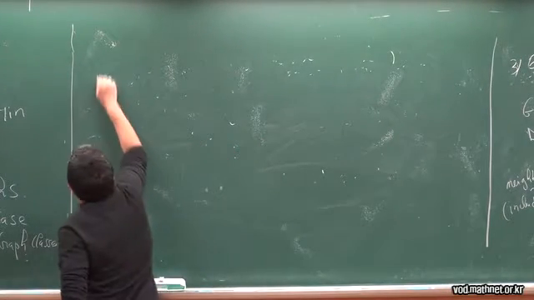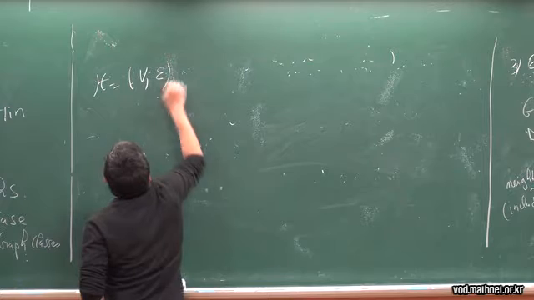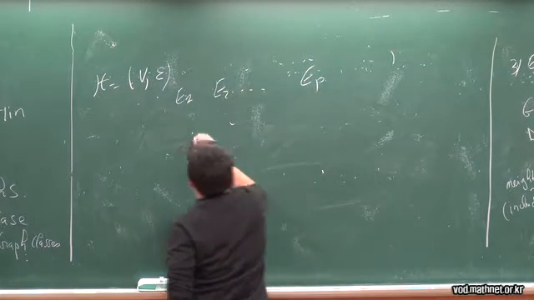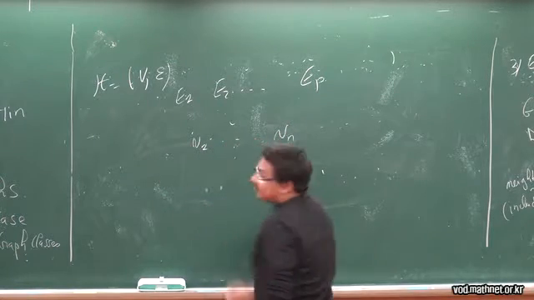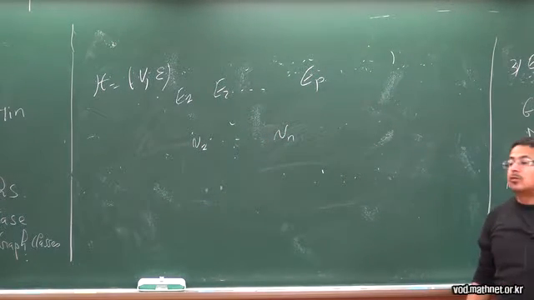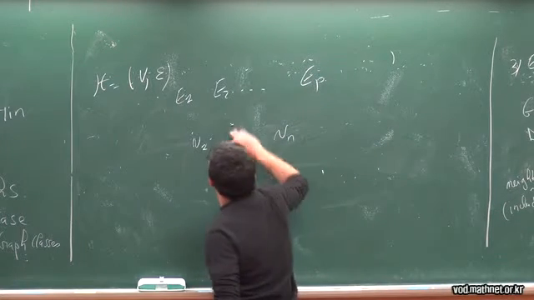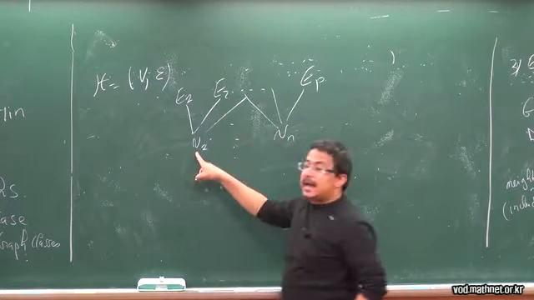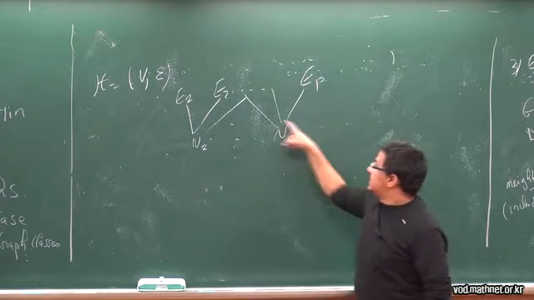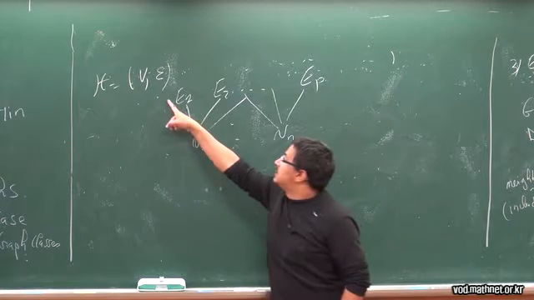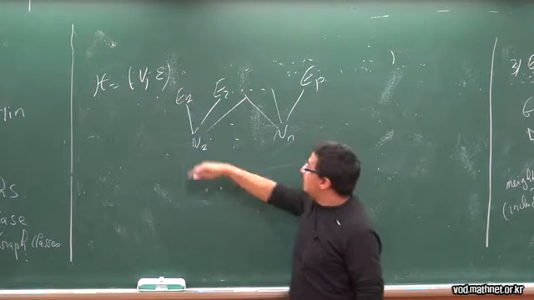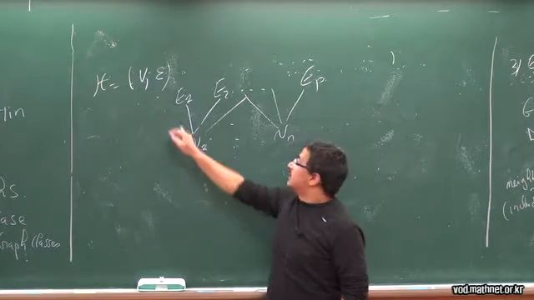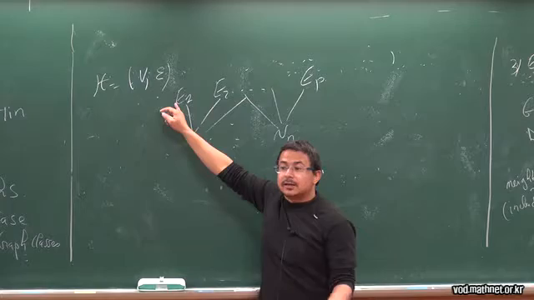So if I give you a hypergraph H, say with hyperedges E1, E2, ..., EP and vertices V1, ..., Vn, I will construct the incidence graph of this hypergraph. It's just the graph that has as vertices the ground set of your hypergraph and, as other vertices, the hyperedges of your hypergraph. You add an edge between a vertex and a hyperedge in the graph if the vertex is inside the hyperedge.